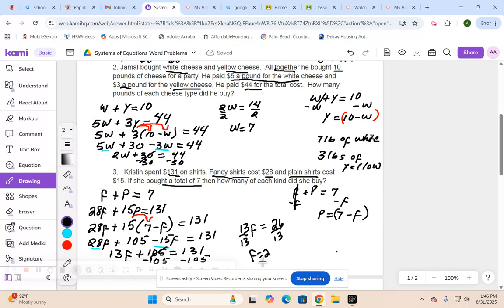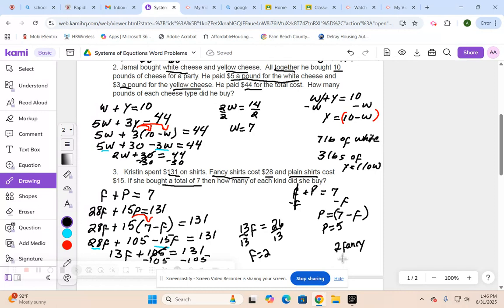That means she bought 2 fancy shirts. Okay, let's check and see how many plain shirts she bought. We can go to this original equation, or we can just do it right here. 7 minus 2 for fancy shirt. That means P is 5.